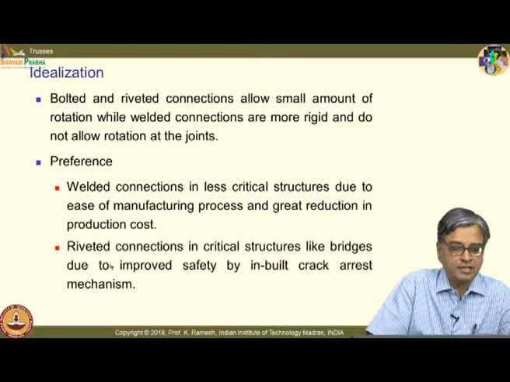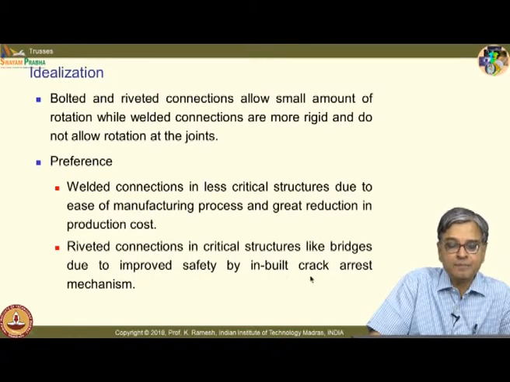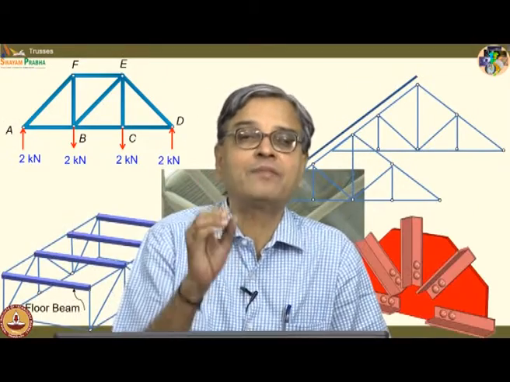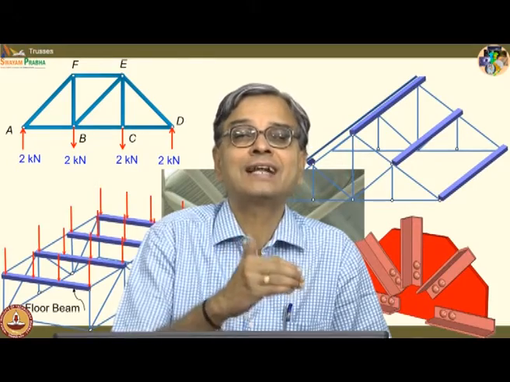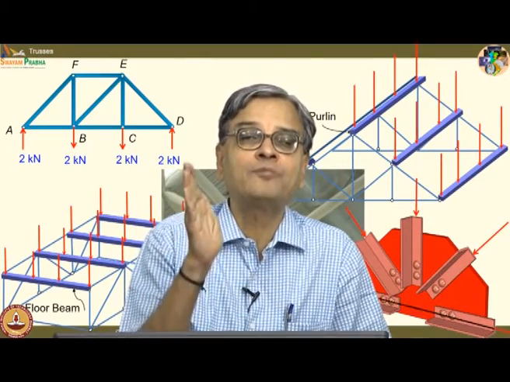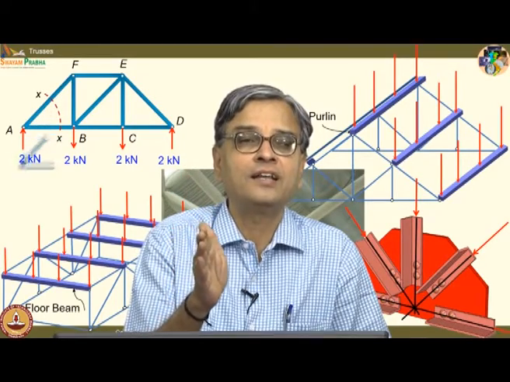In general, riveted connections are used in critical structures like bridges due to improved safety by an inbuilt crack arrest mechanism. The advantage is when I have a riveted hole, if a crack has developed in the structure, it would propagate and come to a halt at the hole.